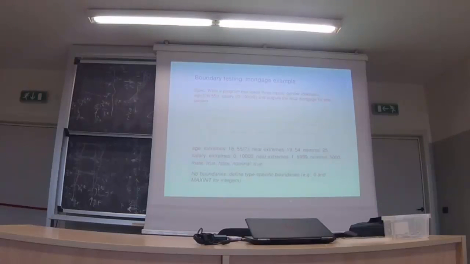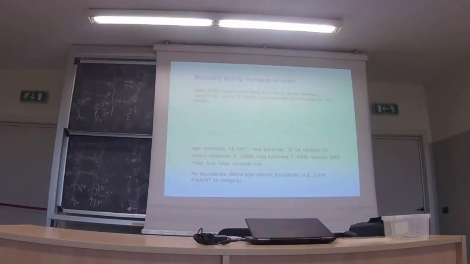So the age extremes are between 18 and 55. So the near extremes should be 19 and 54, so 1 plus A and 1 minus B. Nominal value 25, because we choose to take a middle value as nominal.